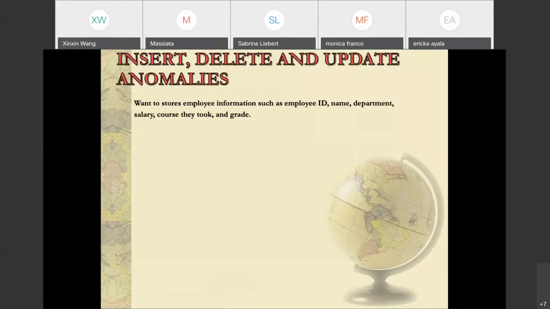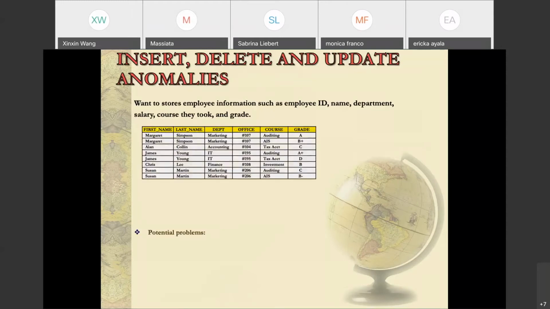So we want to know that we have a database, we want to insert, delete, update, right? Anomalies. So for instance, we want to store the employees' information regarding their identification, their department, their salaries, or what courses they take and what grade they received, right?